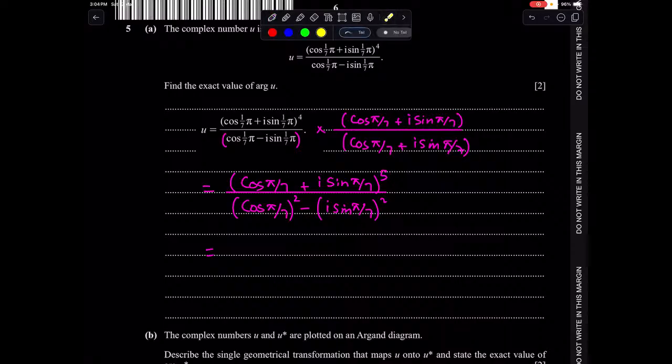In numerator, we can shift this power here. This 5 can come here and here. So we have cos 5 pi by 7. This power comes in angle.